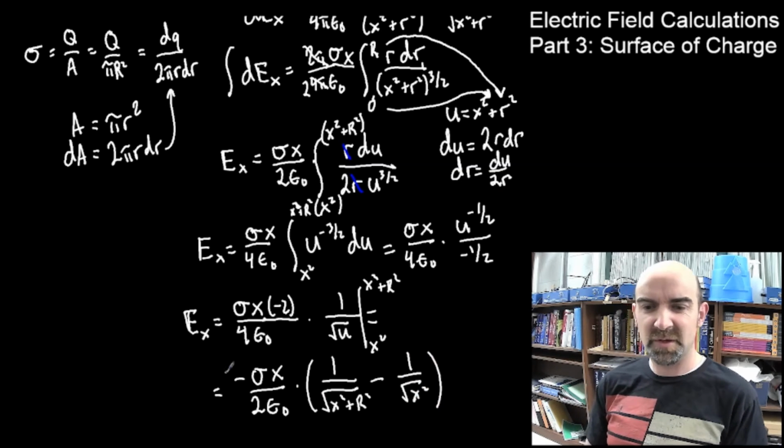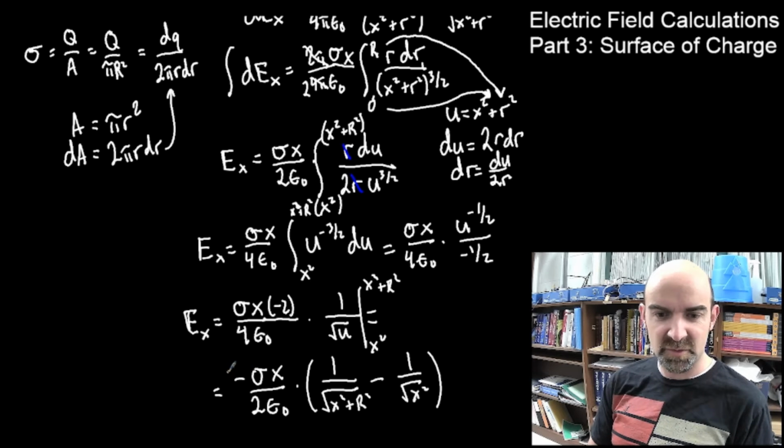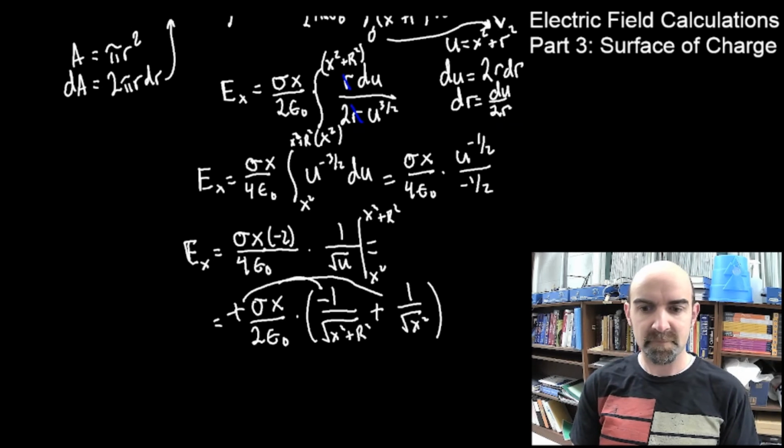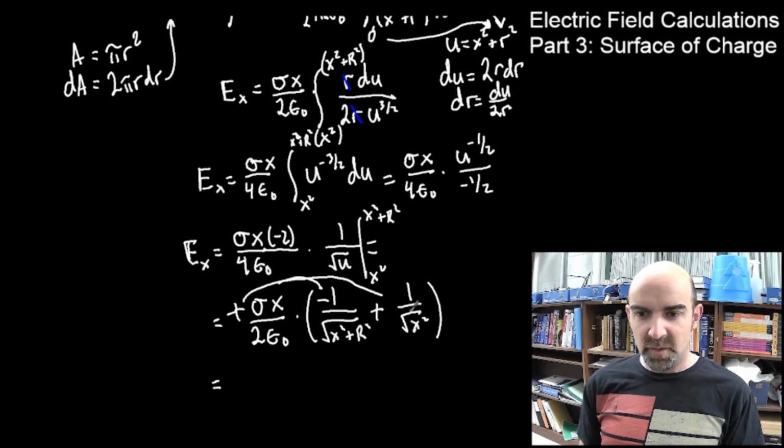All right, at this point, I'm going to go ahead and distribute this little negative here. I'm going to distribute that negative to both sides, and that'll give us a positive there, negative there, and a positive there. We have a 1 over square root of x squared. Okay, that's the same as 1 over x.